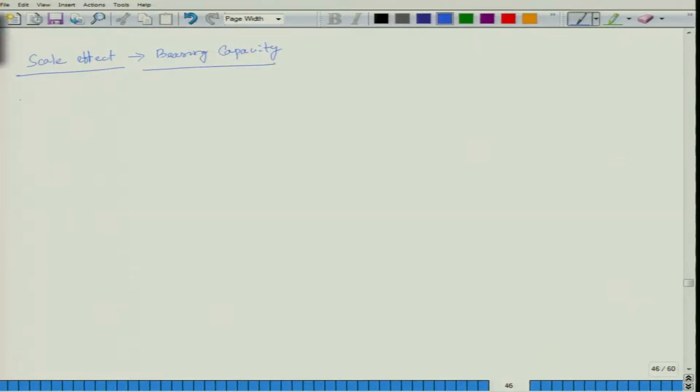Number one, ultimate bearing capacity decreases with increase in size of the footing. The decrease is more in granular soil.